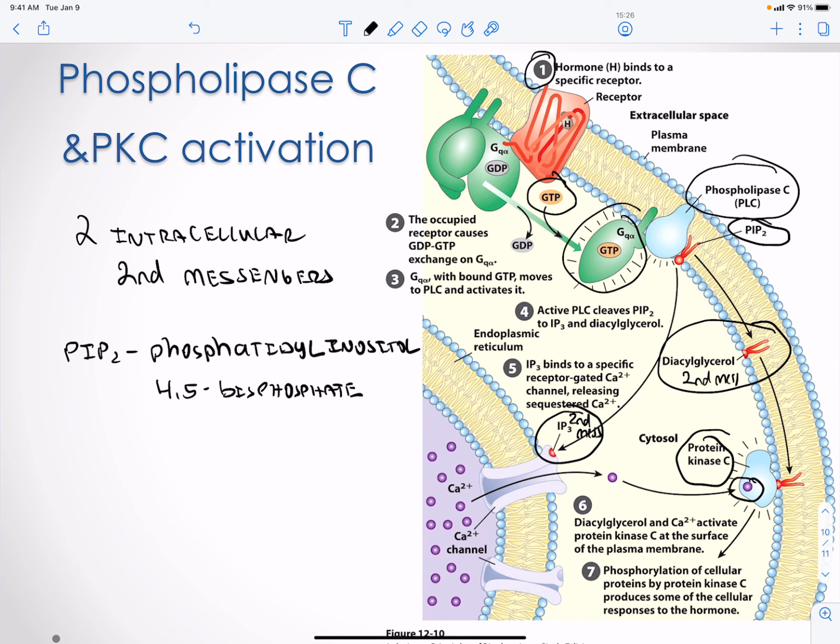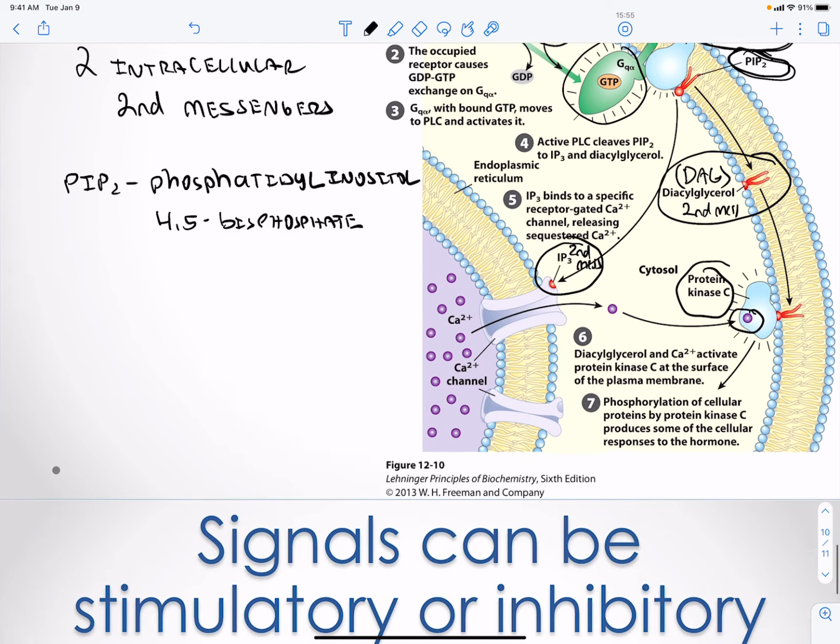So you're going to activate different kinases, you're going to have phosphorylation, etc., downstream of all of that. But it all starts with the binding of the hormone to the receptor, the binding of the G-alpha, this time to phospholipase C, the splitting of phosphatidylinositol bisphosphate into IP3 and diacylglycerol, or DAG. And then those two secondary messengers are going to activate protein kinase C eventually, and then you're going to get more activation in the cell.